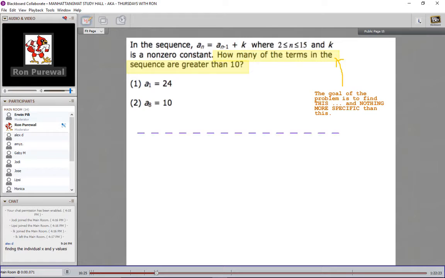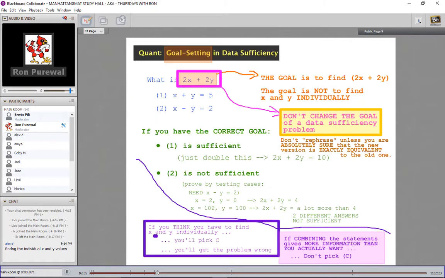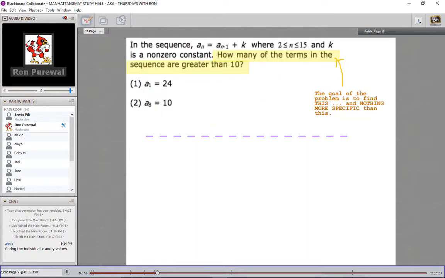What should you definitely not end up with in this problem? Kind of like in this problem, you shouldn't end up with individual numbers for X and Y. Yeah, you should not end up with all the terms of the sequence. That's bad news bears if you do, right?